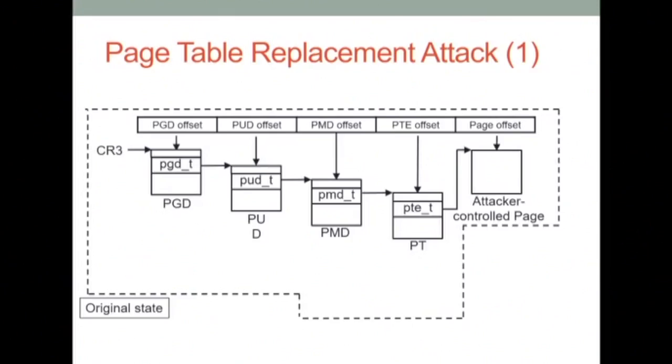And here, a virtual address will be translated into a physical page that is controlled by the attacker, within the attacker's kernel address space. Everything inside this dashed boundary is within the attacker's memory space.